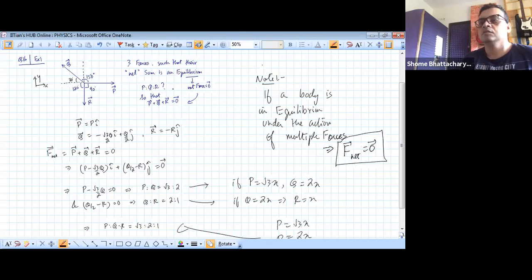Equilibrium's meaning is that. We say a body is in equilibrium when the net force acting on it is 0. That is the simple meaning of equilibrium.